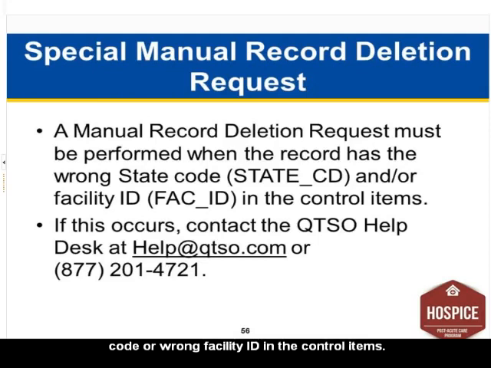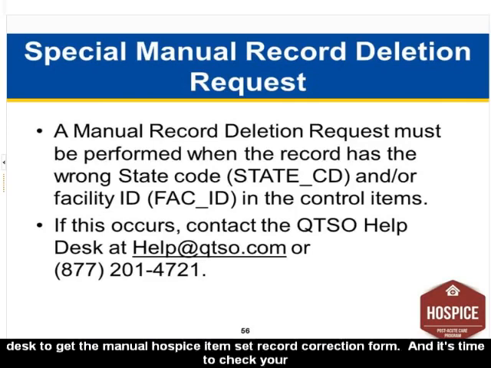Control items are created by the HIS software. These errors most likely occurred at the time of software installation when initializing the software and not during routine entry of patients' administrative or clinical data. In the event that this error has occurred, the provider must contact the QTSO Help Desk to obtain the manual hospice item set record correction form.